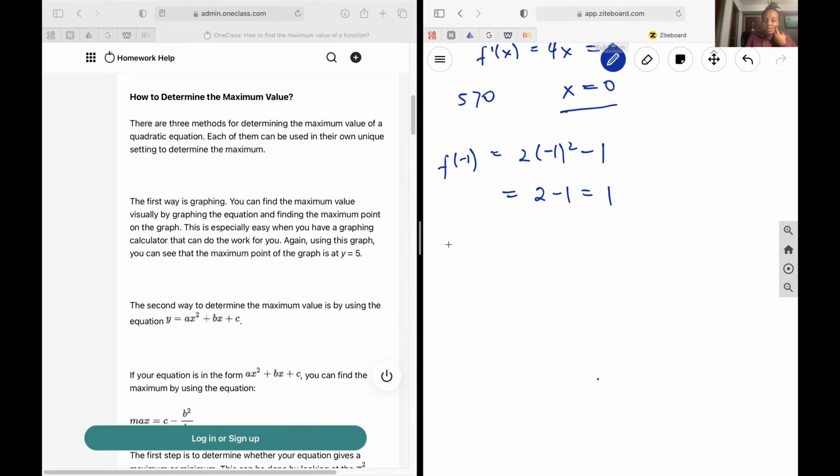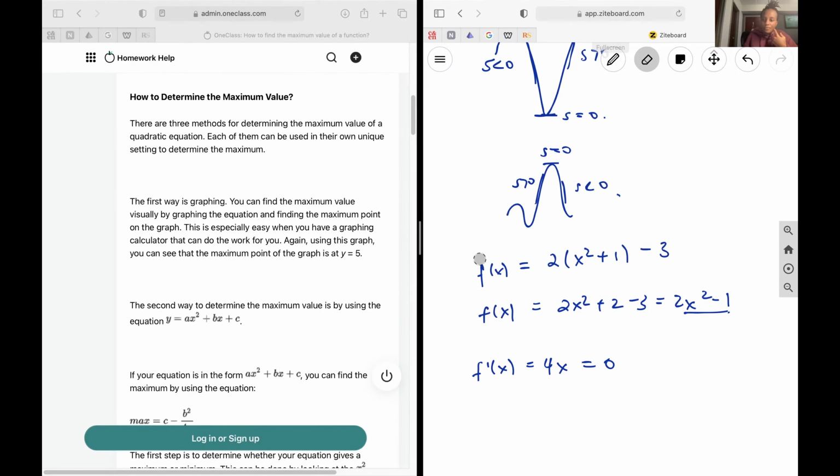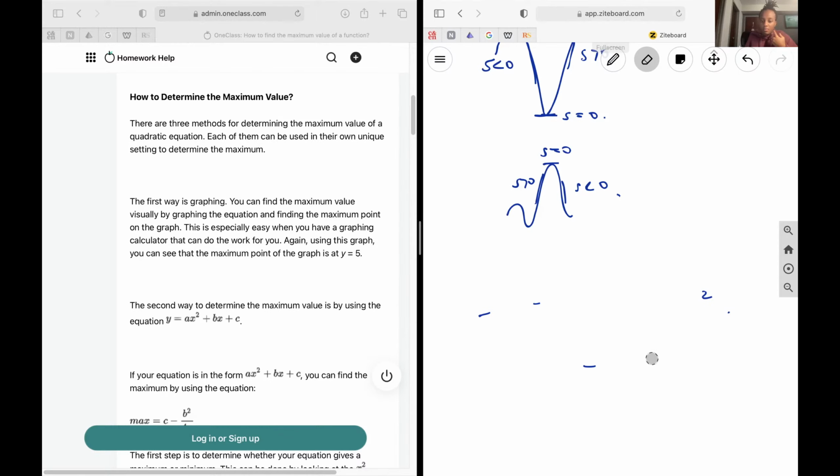Next up, f of 1. Sorry, this was not the best example to use, so I'm just going to change it, so I can get one with both minima and maxima, so we can clearly see the difference.